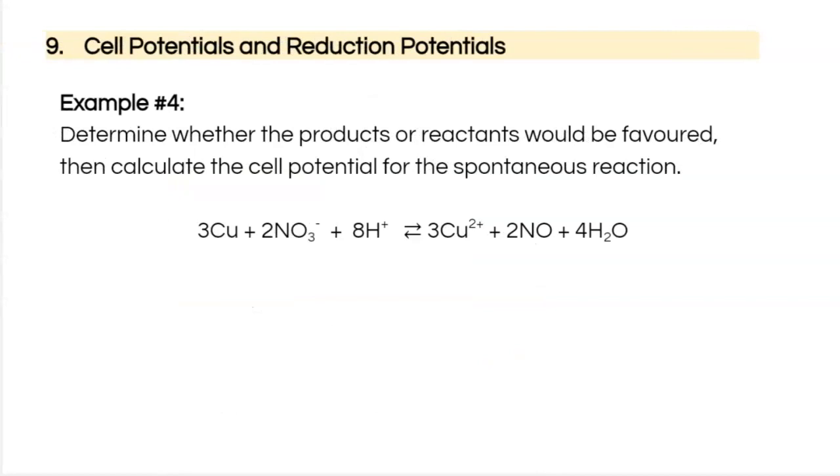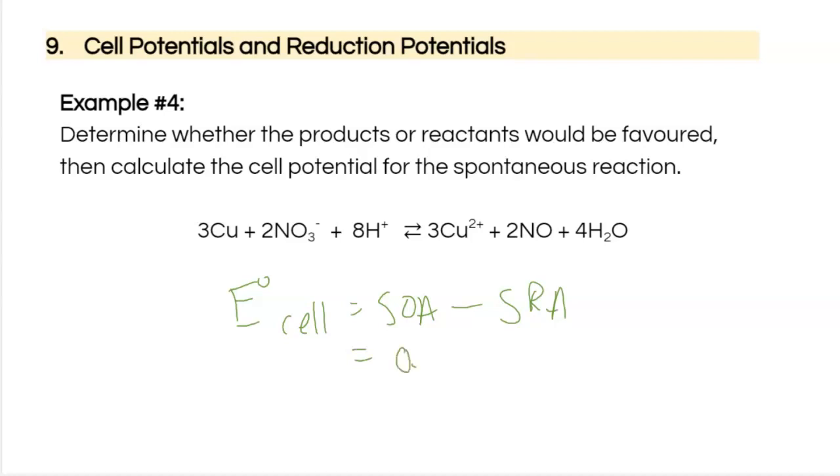But let's do the math to make sure, and then we'll take a look at what we get. Again, I know that my standard cell potential is going to be that SOA value minus my SRA value for reduction potential.